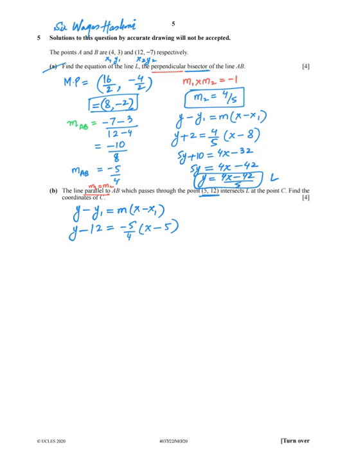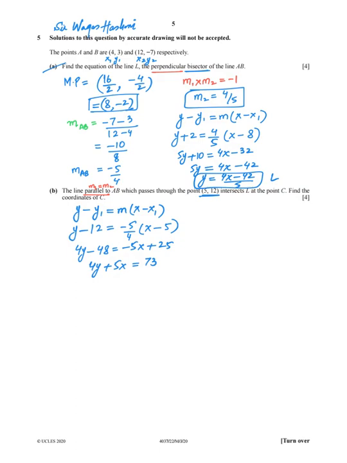So by cross multiplication, it's 4y minus 12 times 4, which is 48, equals minus 5x plus 25. So it is 4y plus 5x equals 25 plus 48, which leads to 73. That is my equation. And now this equation intersects L at the point C.